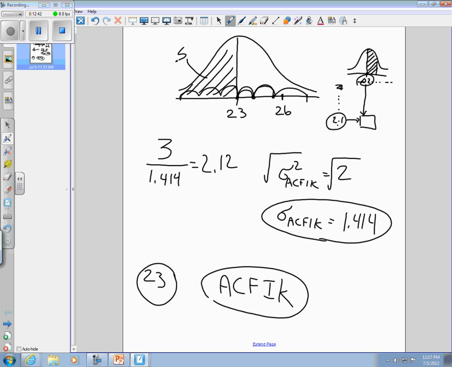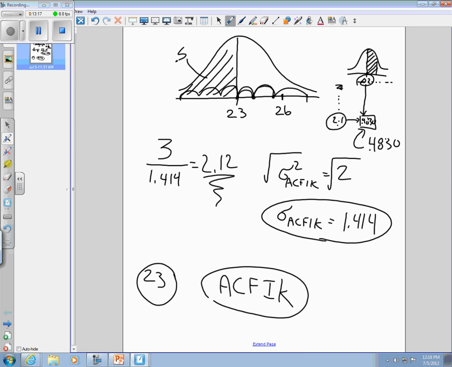We add the row heading to the column heading, that's 2.12. Of course, where'd that come from? Right here. And the number at the intersection there is 0.4830. I didn't think I left enough room in there, but that's supposed to be 0.4830 right there.